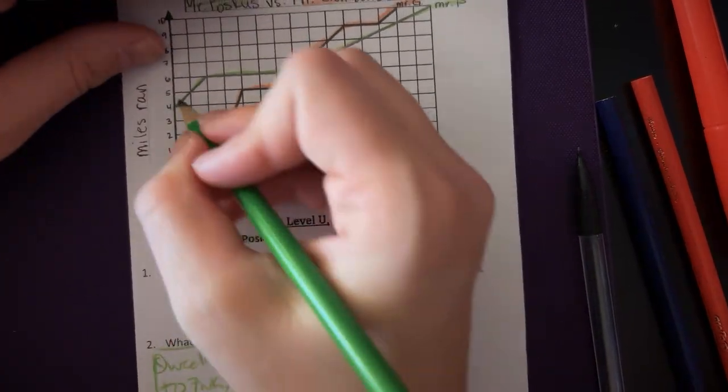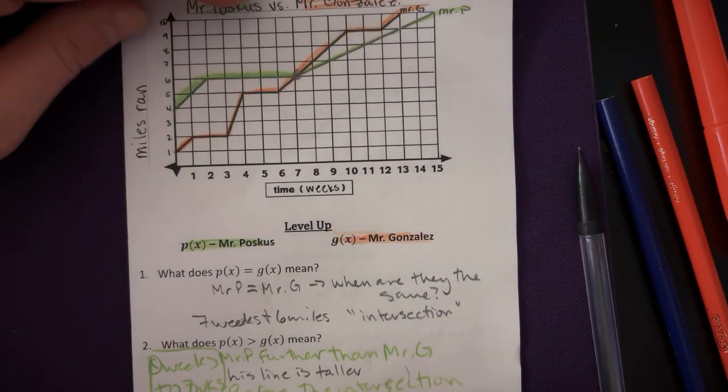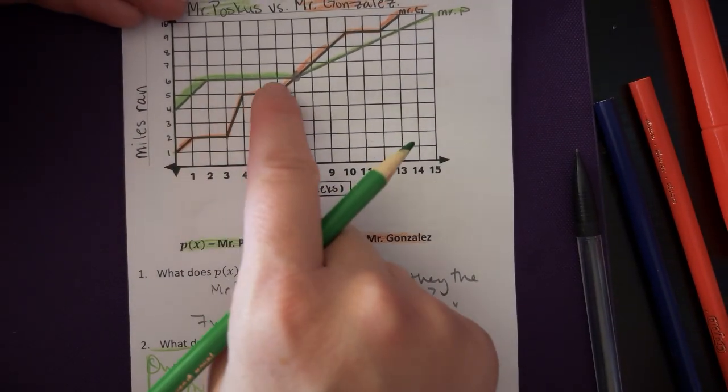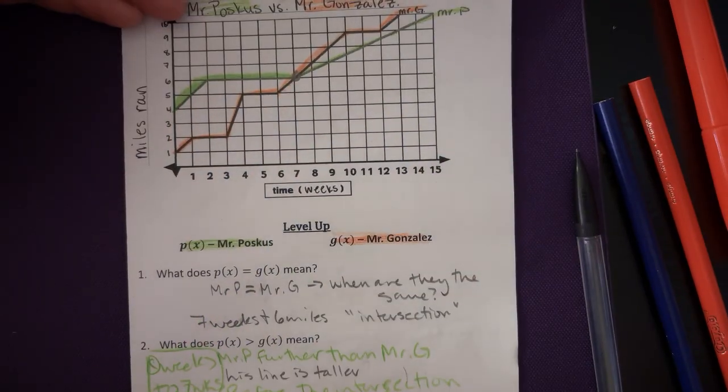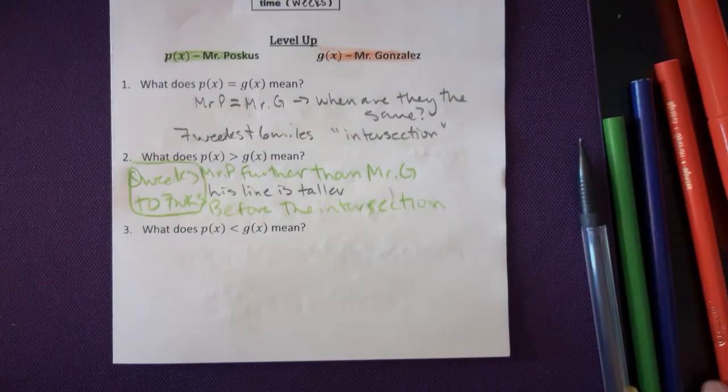From here to here, Mr. Poskis is running more miles than Mr. Gonzalez, because the whole time his graph is above Mr. Gonzalez's, versus the opposite, okay?